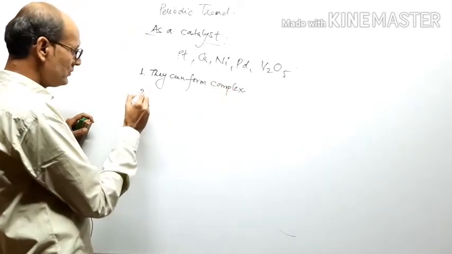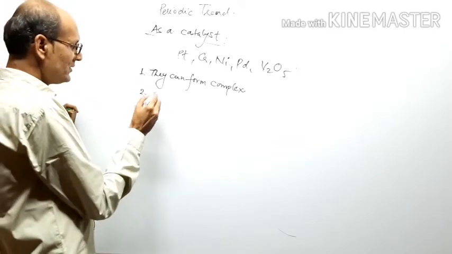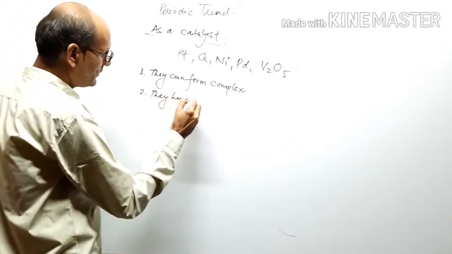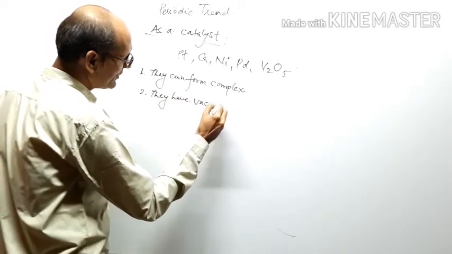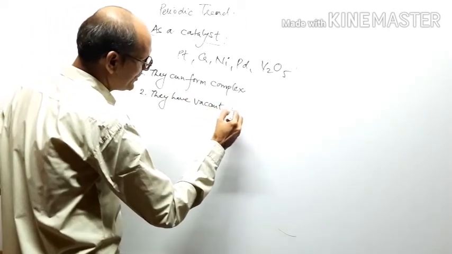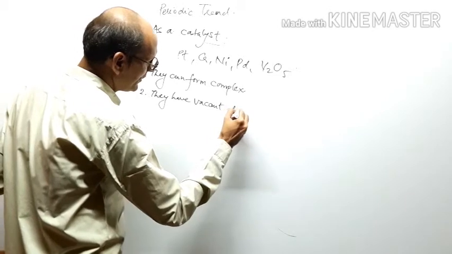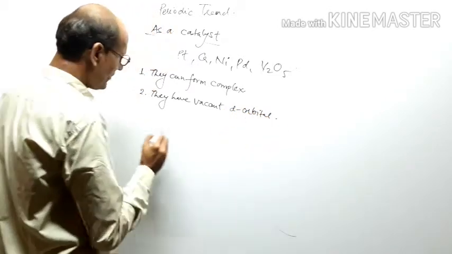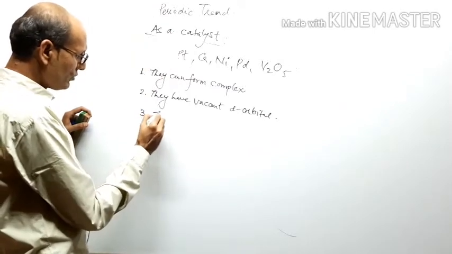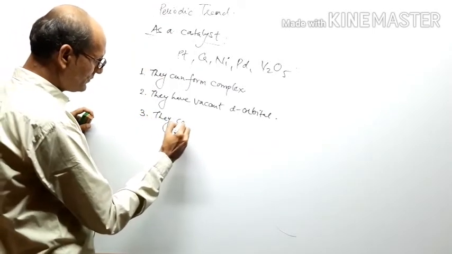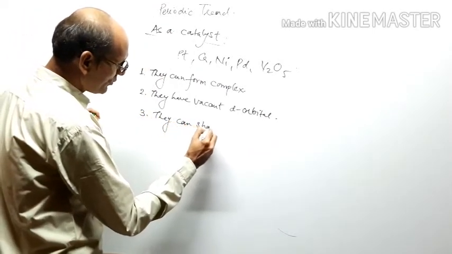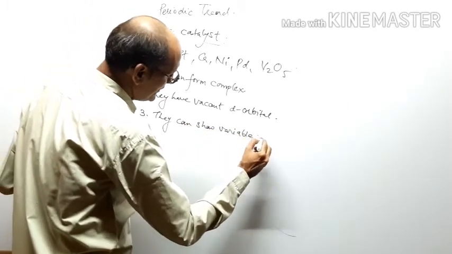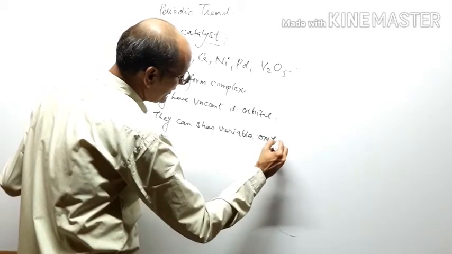Number two, they have vacant d orbitals. Number three, they can show variable oxidation states.